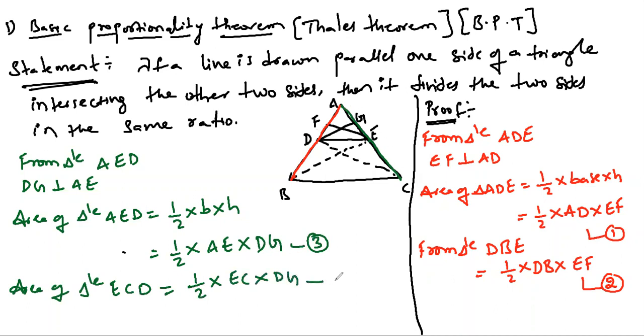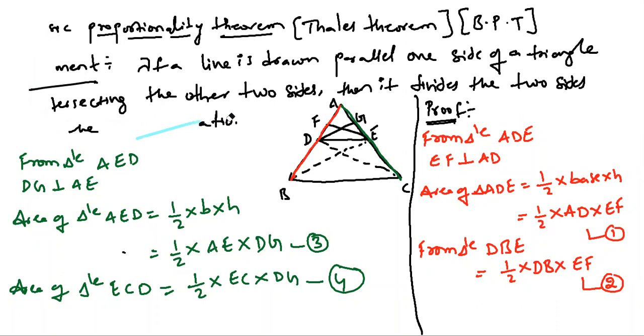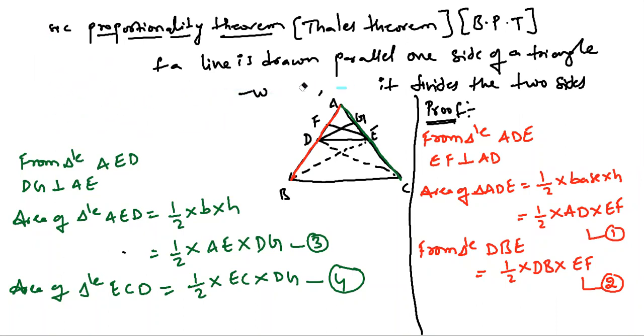So this is the fourth equation. Now we have 1, 2, 3, 4. Now what do we have to do? From this, first equation and second equation, third equation and fourth equation. Divide 1 and 2, and next divide 3 and 4.